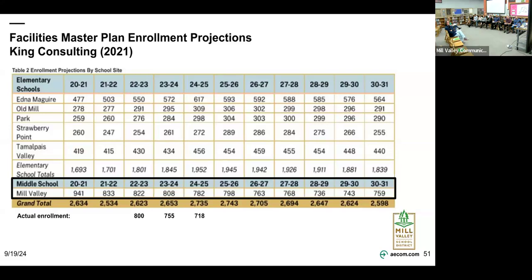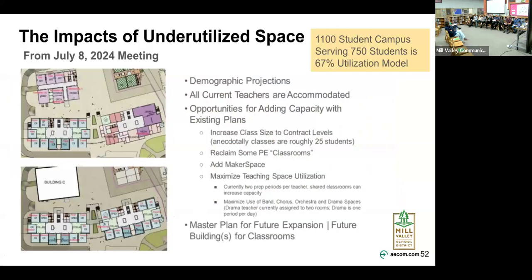So the currency of those numbers will be validated by the demographer's work. You know, if we're just speaking frankly here, we don't want to overbuild on this site because the dollars are scarce, and we want to make sure that we're being good stewards of that. So we're waiting on the demographic projections.